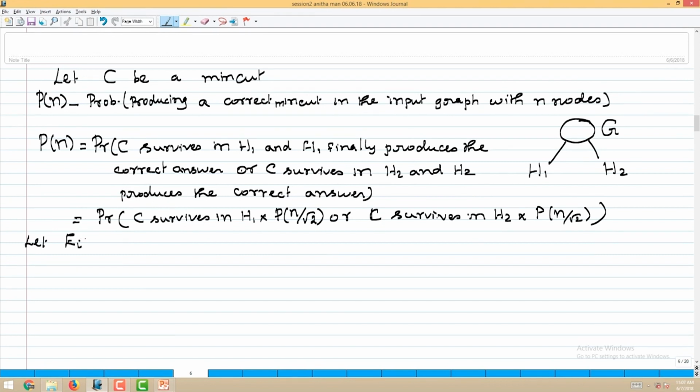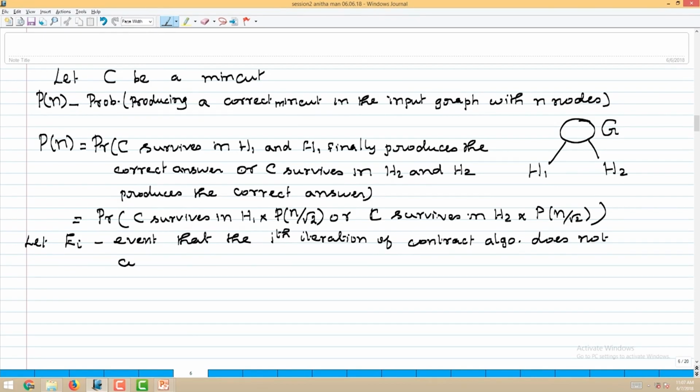Let Ei be the event that the ith iteration of contract algorithm does not contract any edge of C. What is the probability of C survives in H1 in terms of Ei?